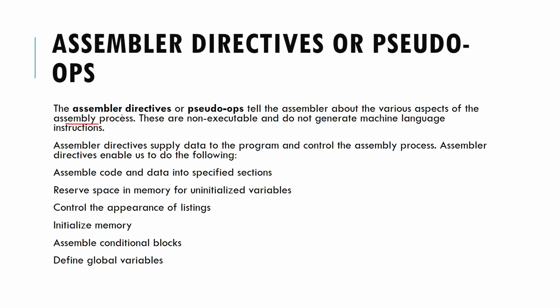These are non-executable and do not generate machine language instructions. They only show where the program starts and where it ends. The assembler directive supplies data into the program and controls the assembly process. It works like a control unit.